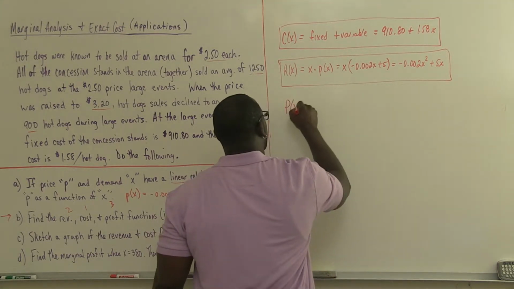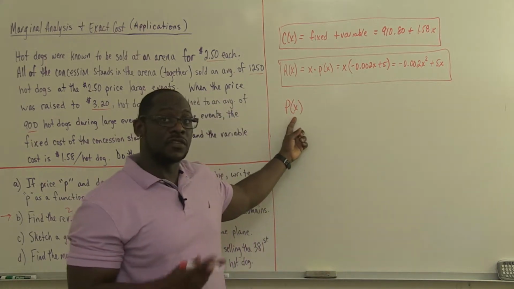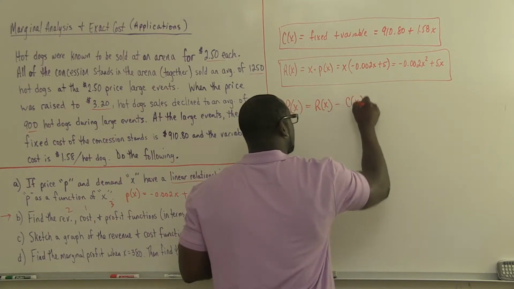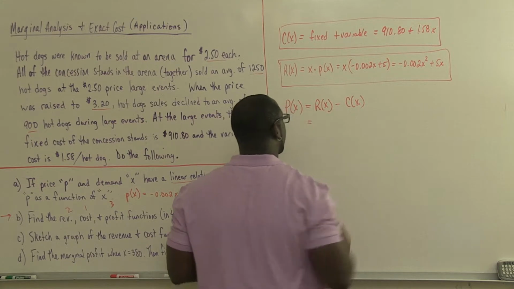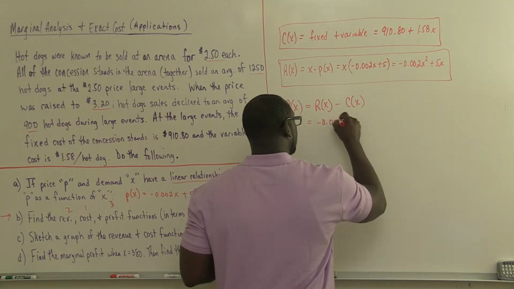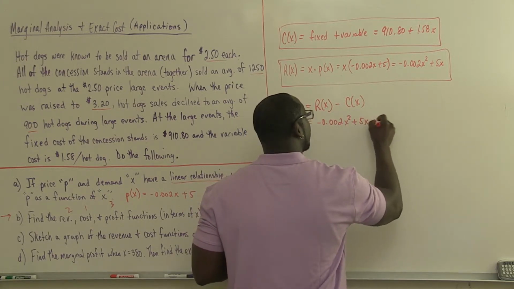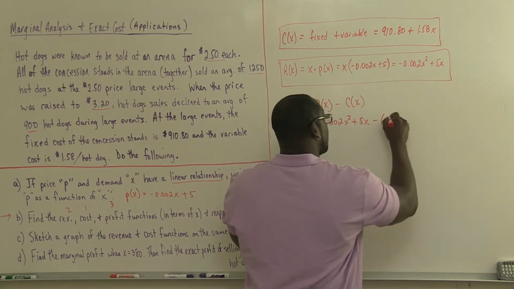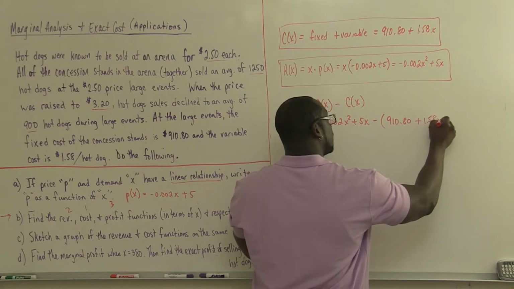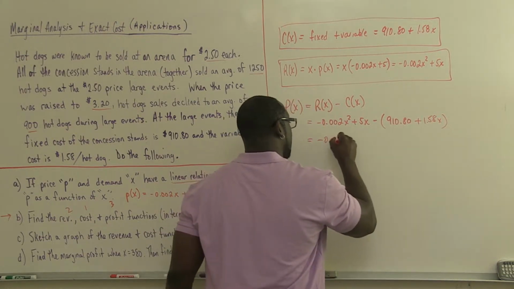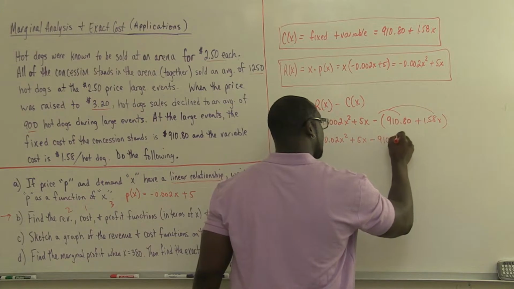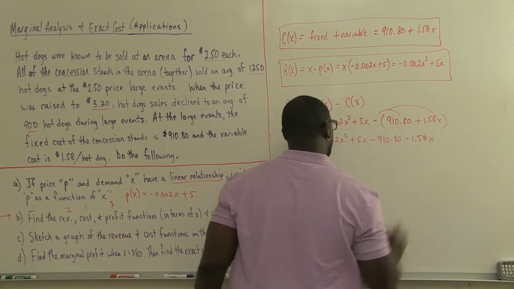So now that we have this, we know that profit is just the difference in between revenue and cost. So we'll say revenue minus cost. And so here we know our revenue is what this is. And our cost is going to be all this. And we need to make sure that we actually go in and put it all in parentheses here. Okay, so now we just distribute negative and then combine like terms, okay?